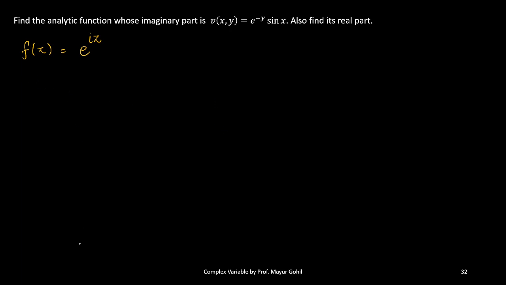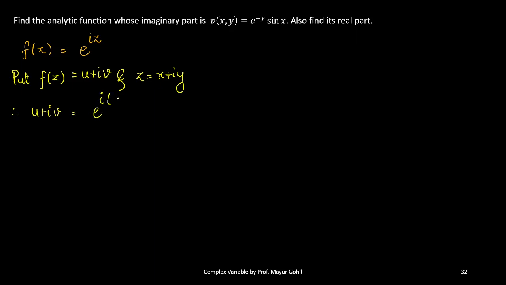So what we do is we put f of z equals u plus iv and z equals x plus iy. Therefore, u plus iv is equal to e to the power i times x plus iy.